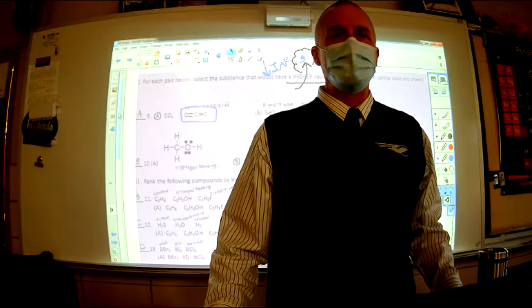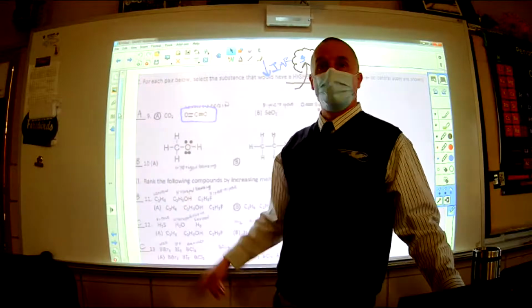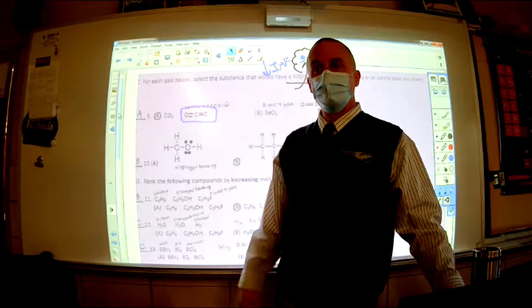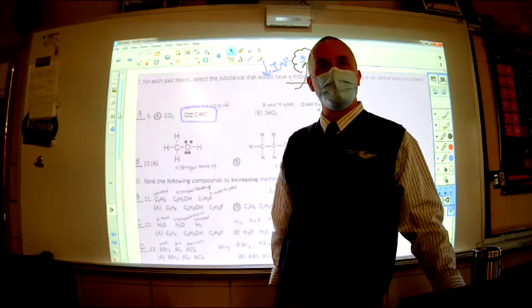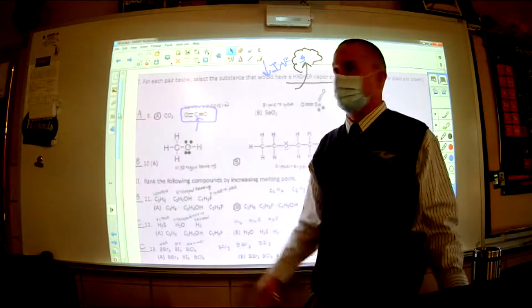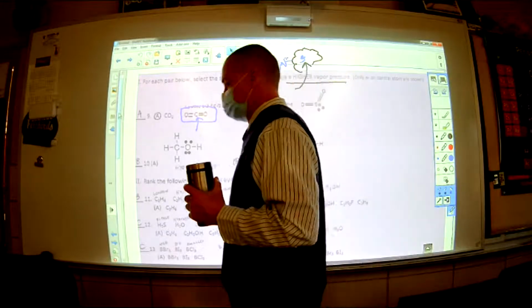You're not ready to be lazy yet. But whoever drew this left the lone pairs off the oxygen. Why? Do the lone pairs on the terminal atoms really affect the shape? No, we're looking for lone pairs on the central atom. That's what we're looking for.